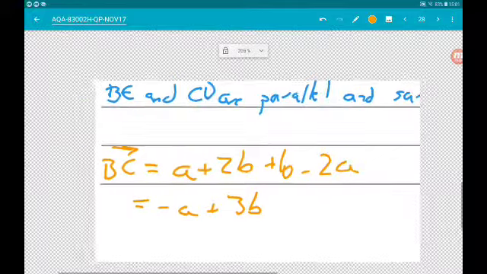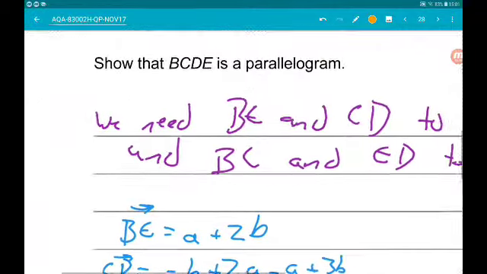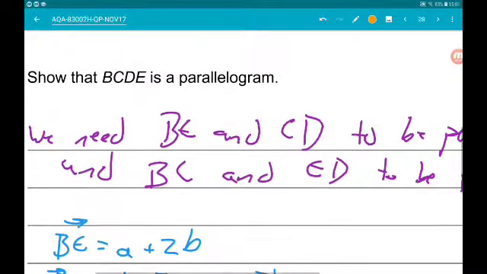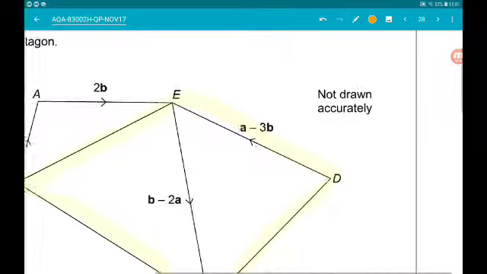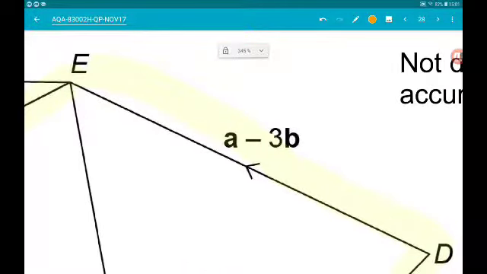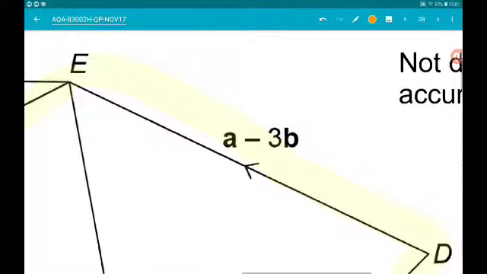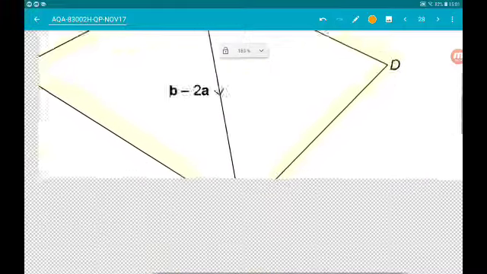Okay, now we just need to find E to D. Now that's good, because we know that E to D is going to be 3B minus A, or minus A add 3B.